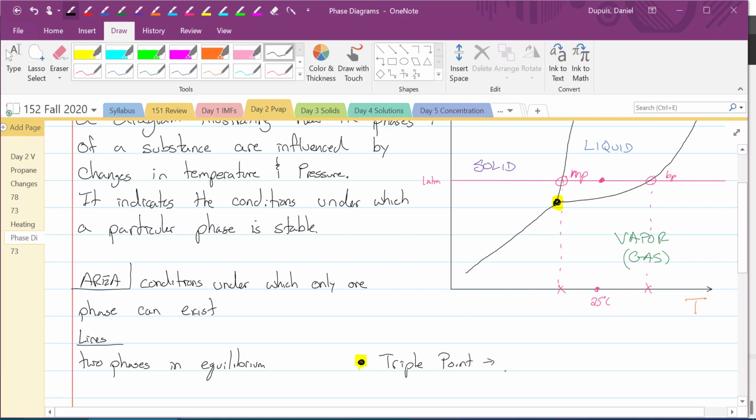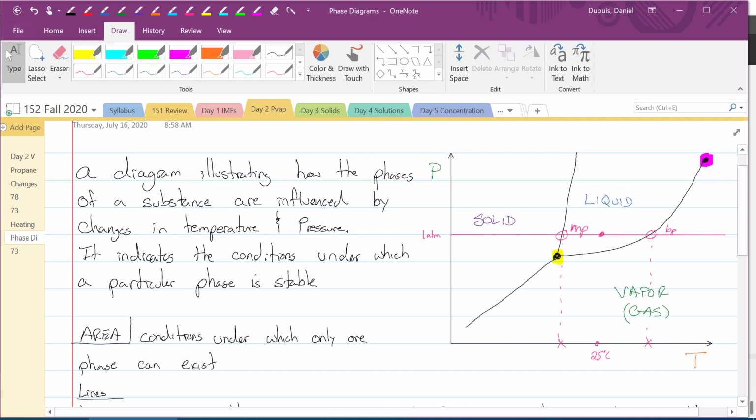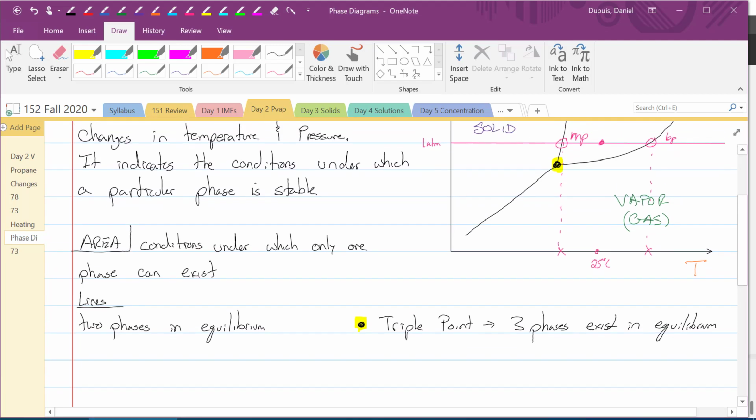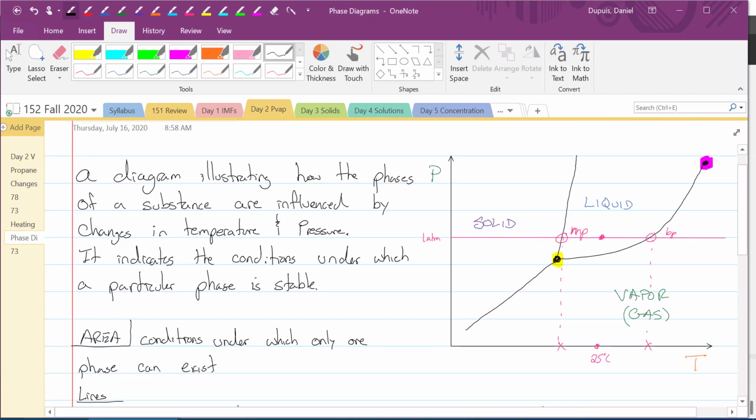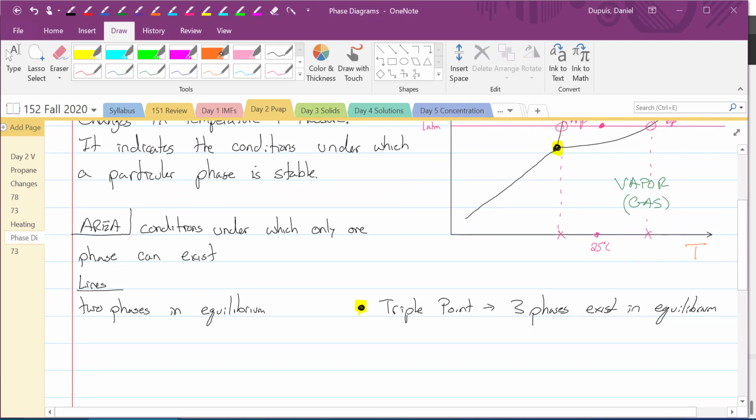This is where 3 phases exist in equilibrium. So all 3 phases can exist there. A lot of substances have a triple point. Some have more than 1 triple point. Some don't have a triple point. And that's okay.